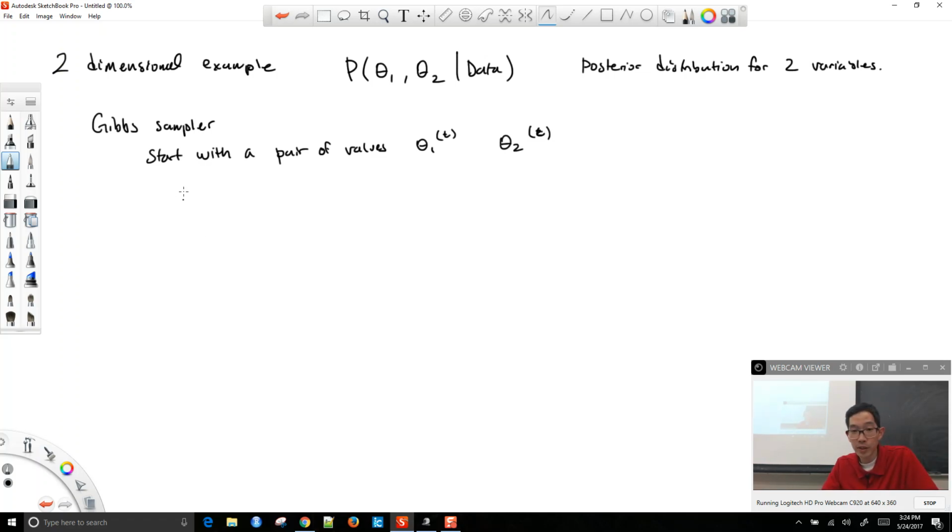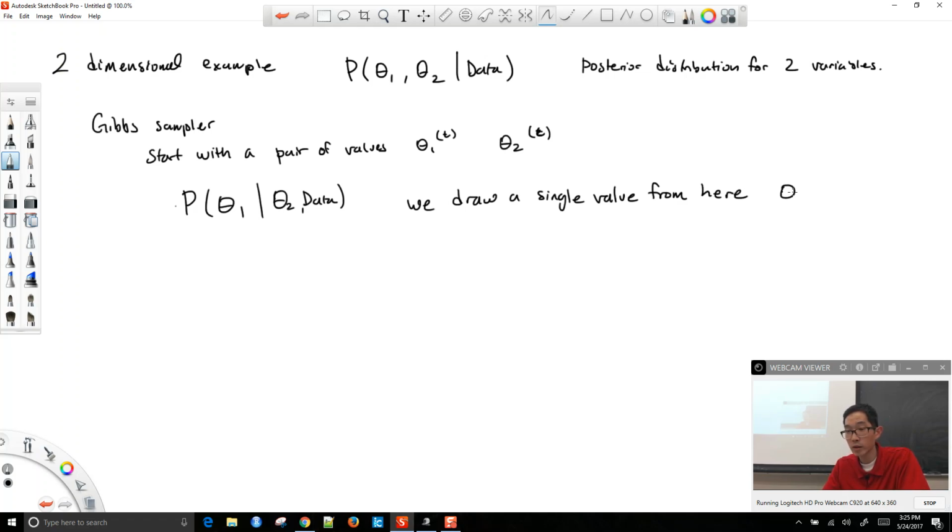So we're going to look at theta 1 given theta 2 and the data, and we draw a single value from here. And this will be theta 1 at time t plus 1.